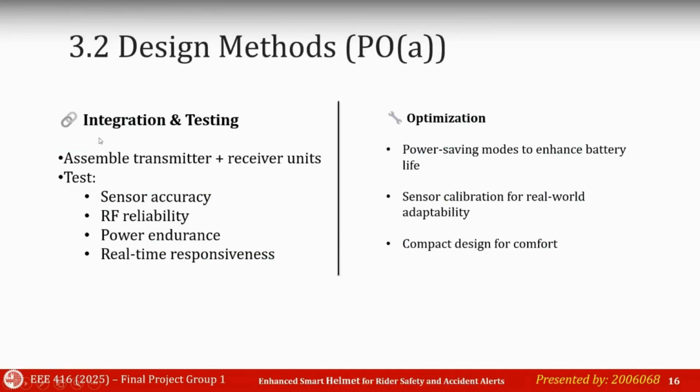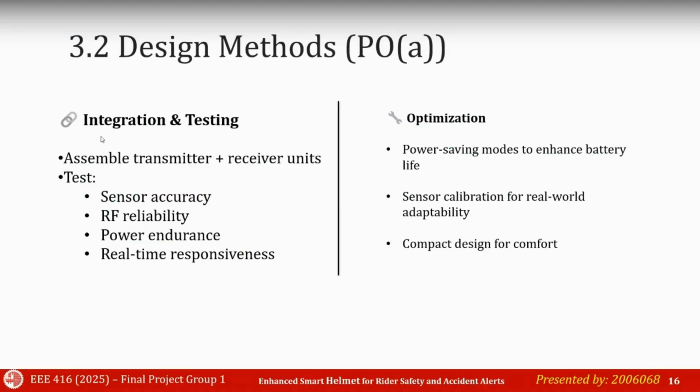Then let's discuss the integration and testing of our project. We assemble the transmitter and receiver units together, and some of our data are analog, so we need to use a moving average filter to get more accurate data. We also use debouncing to get accurate data and to avoid any unwanted data.